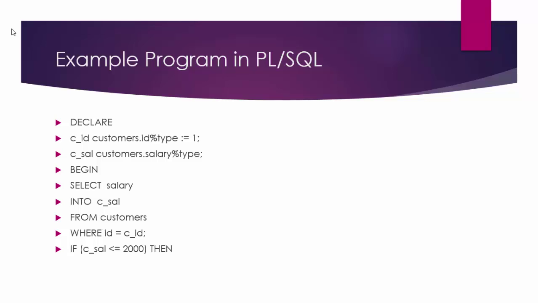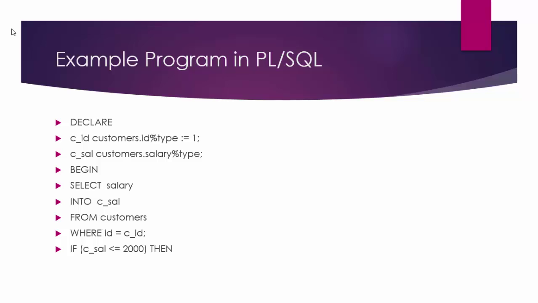So you have a customers table. In that table you have a column named salary, and the data type that you have used for that salary will be inherited, and the same data type will be applied to c_sal. Okay, that is how you can declare types in PL/SQL.